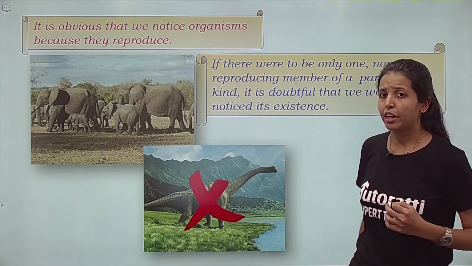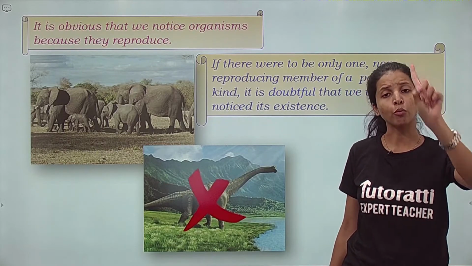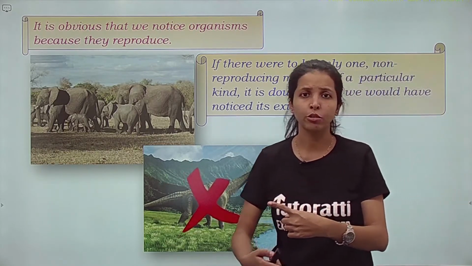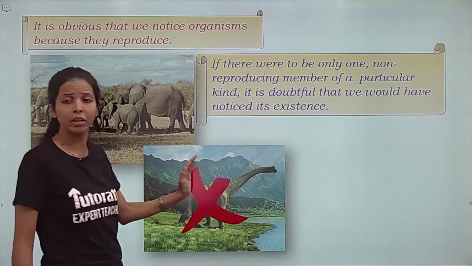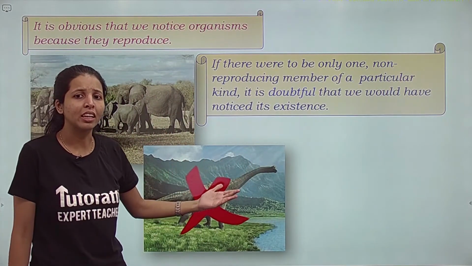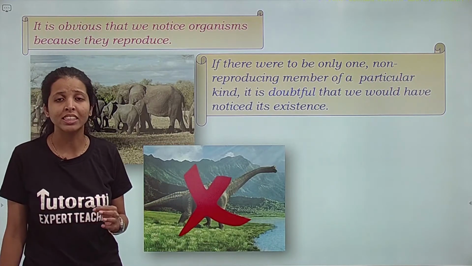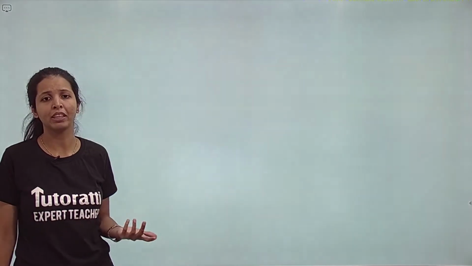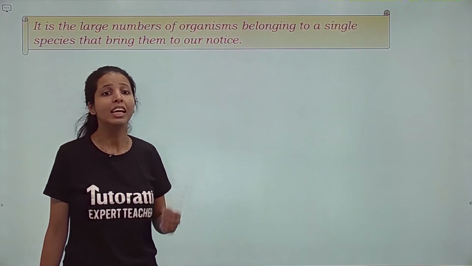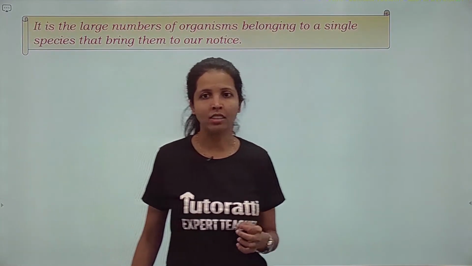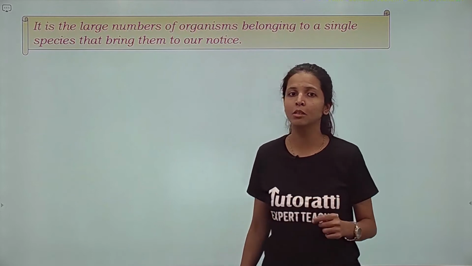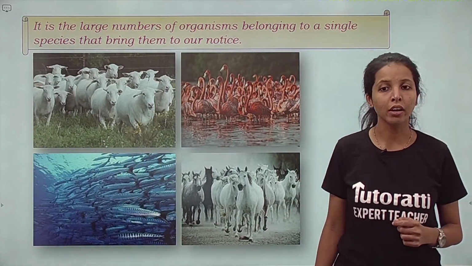If there were only one member and that too a non-reproducing one, it is doubtful that we would have noticed its existence. We wouldn't know of their existence. It is the large number of organisms belonging to a single species that bring them to our notice.